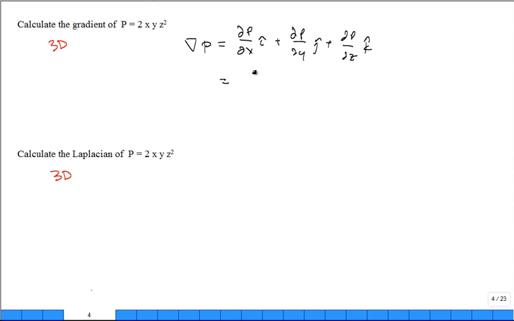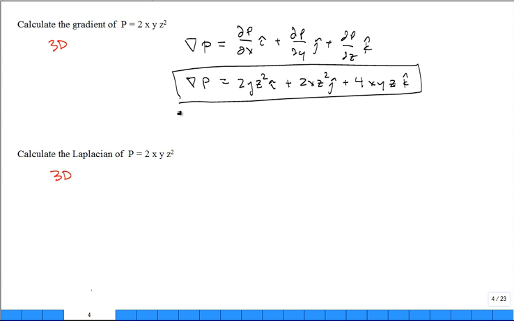That's equal to 2yz squared i plus 2xz squared j plus 4xyz k. And some people put an arrow up there or not, doesn't matter to me. And there you go. Now for the Laplacian, it's del dot gradient of p.